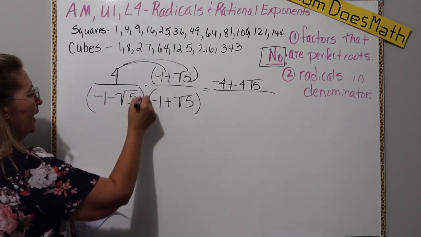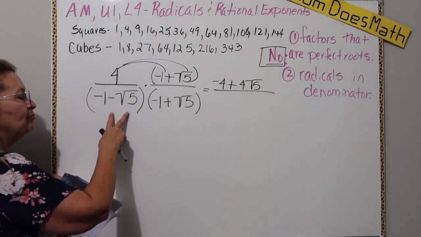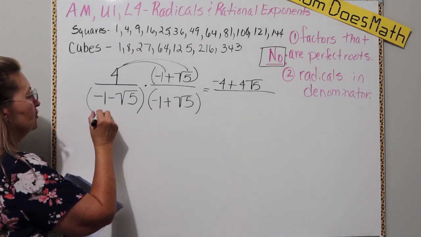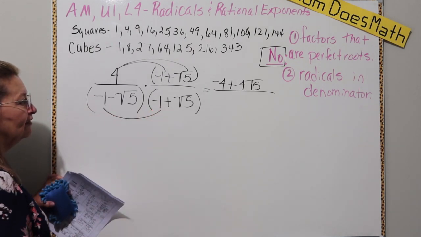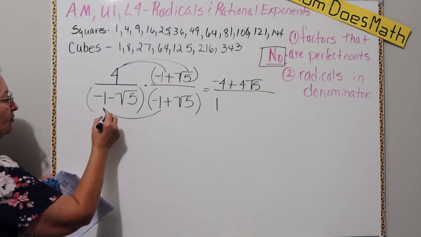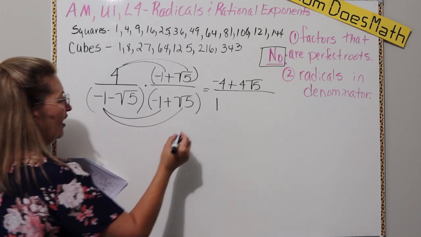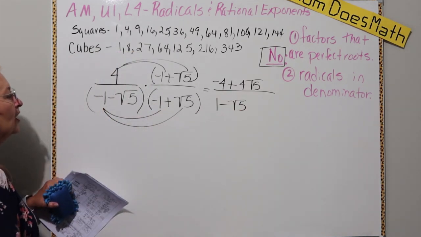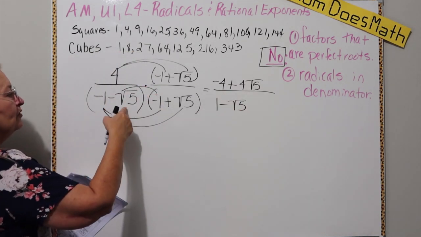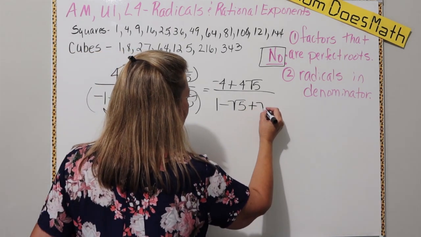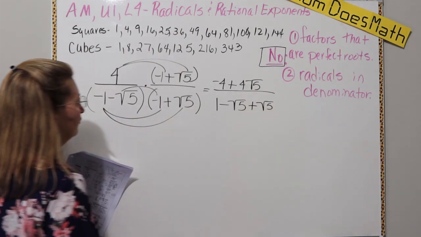Let's look at what happens when I multiply a binomial with a radical times its conjugate. So I'm going to do -1 times -1. That's going to give me +1. I'm going to do -1 times square root of 5. That's negative square root of 5. Now negative square root of 5 times -1 gives me positive square root of 5.